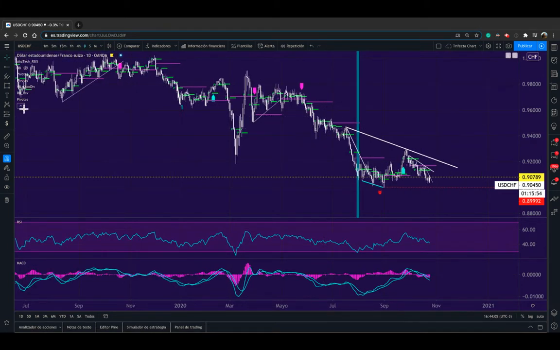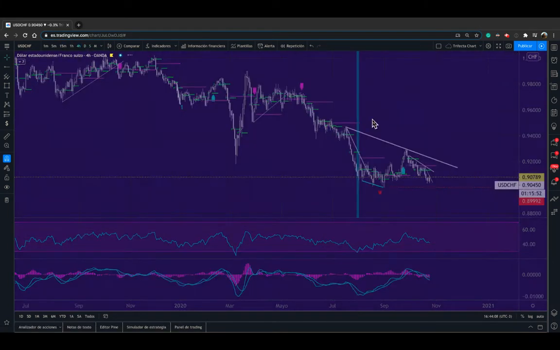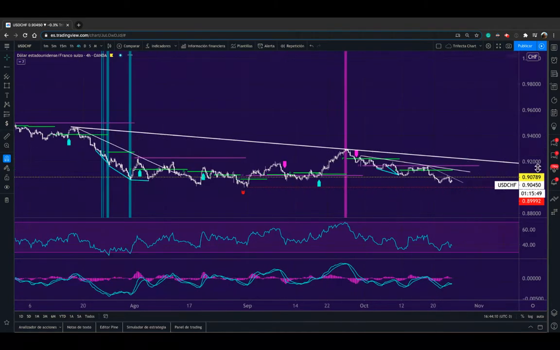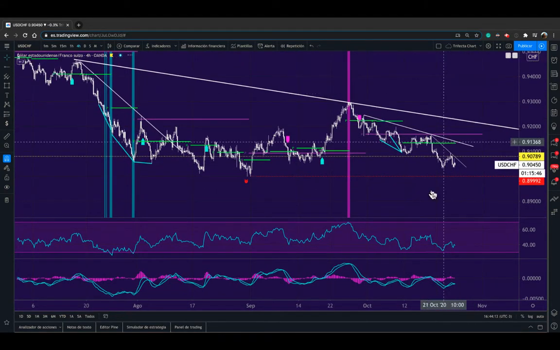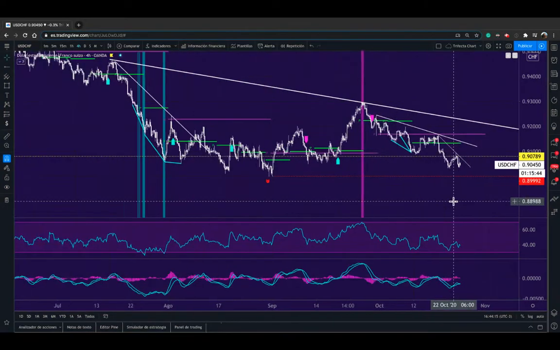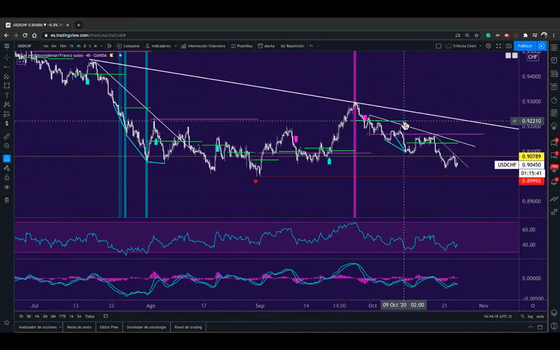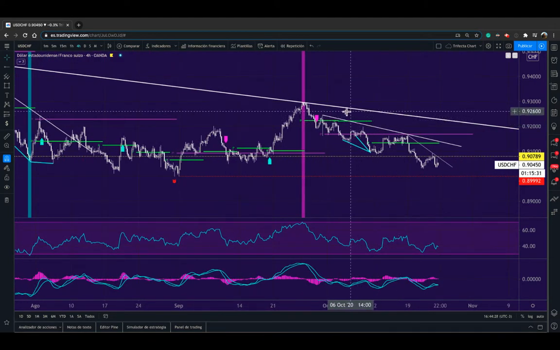With all that said, we are going to jump into the 4-hour chart, where we have another cool thing to consider: a weekly target. This is the current weekly pivot, this is last week's weekly pivot, and this is the previous week's pivot. The price jumped over this level and did not touch it. So we are going to target this level as an axis of this 4-hour setup.